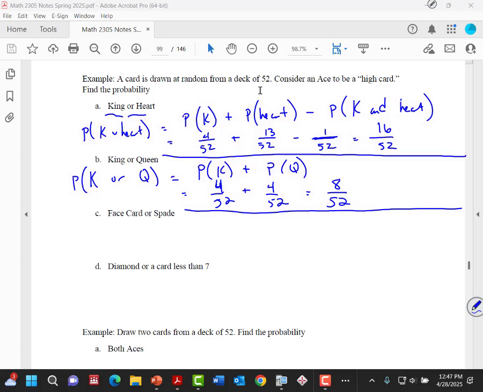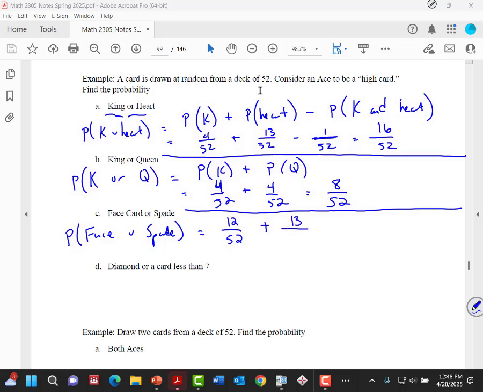Face card or a spade. So probability face union spade. So this would be face plus spade minus face and spade. Okay, so let's do the probability of a face card. Well, how many face cards are in the deck? That would be 12 out of 52 plus the probability of a spade.